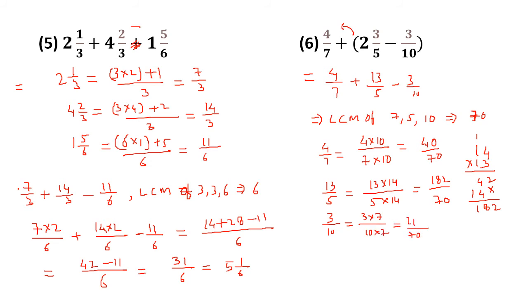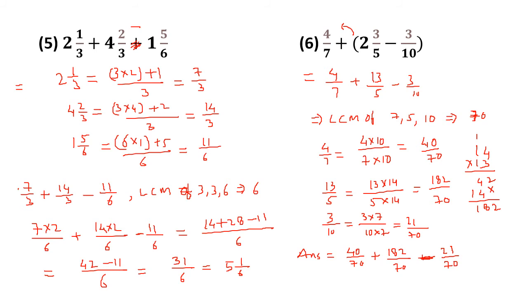So my final answer is equal to 40 over 70 plus 182 over 70, sorry, not plus, minus 21 over 70.